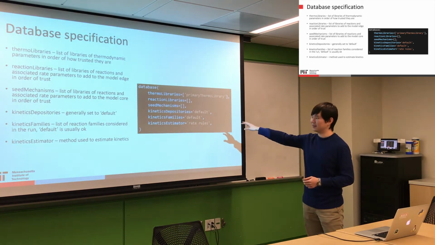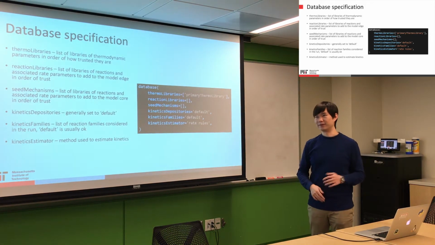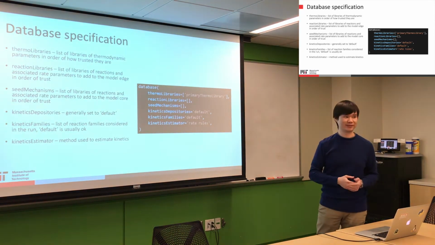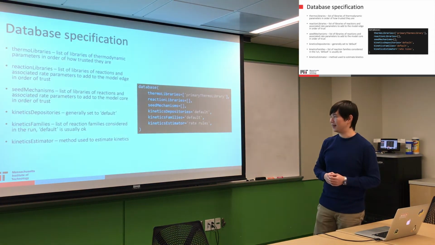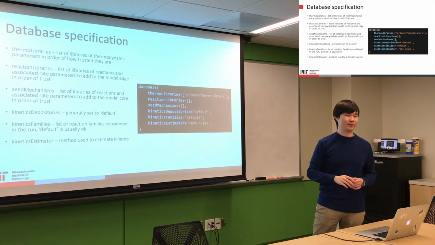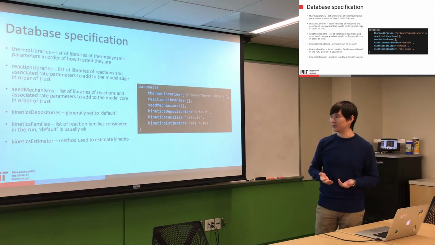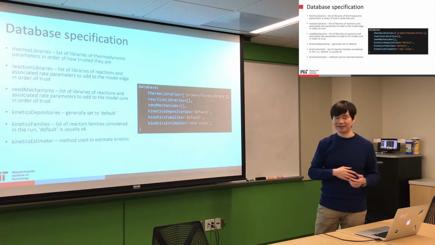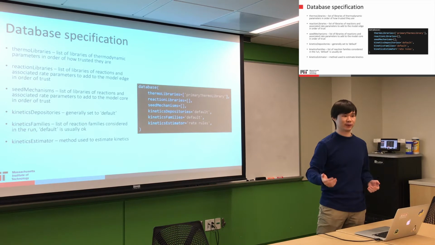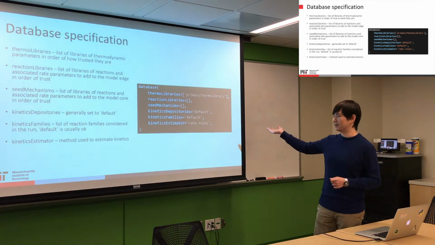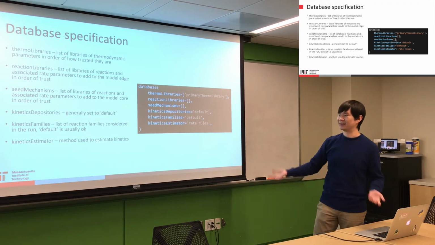So default is a list of maybe 40 to 50 families that are generally applicable to most systems, and default is always a good choice to start with. If you have better ideas of what chemistry you're expecting, you can adjust this. You can use a list and specify the reaction families that you want, and also add things that are outside of the default list.